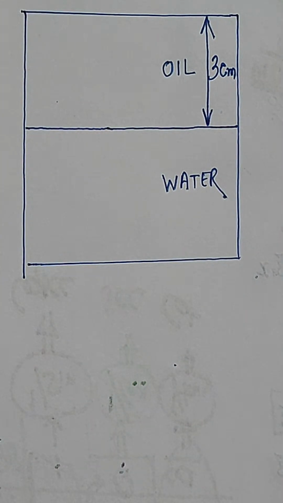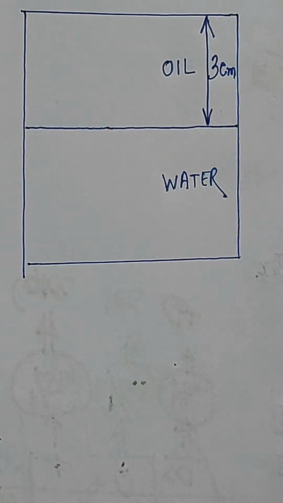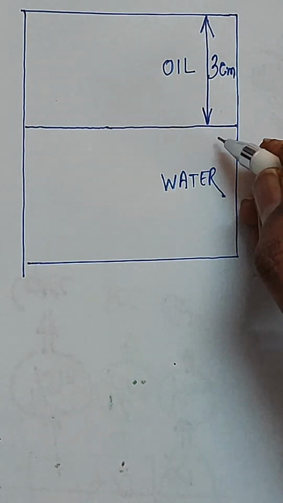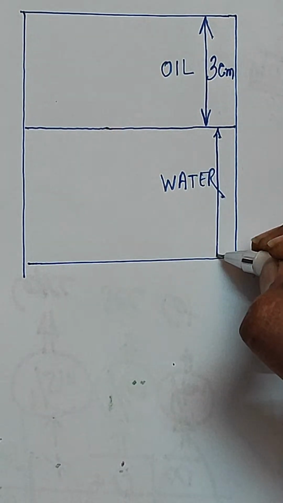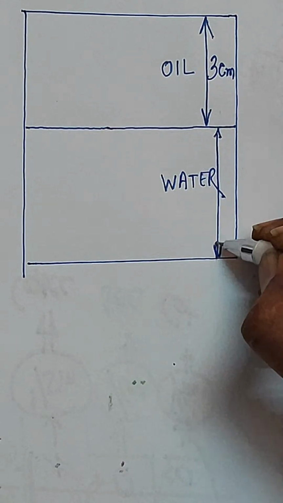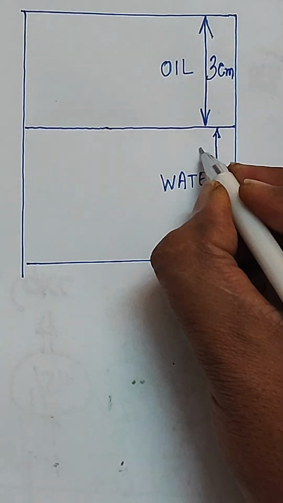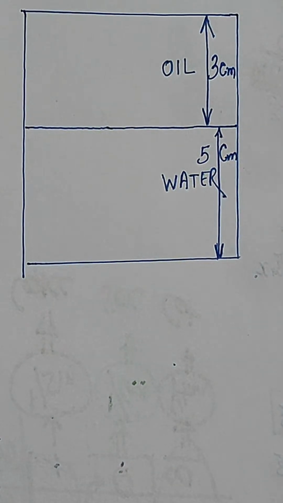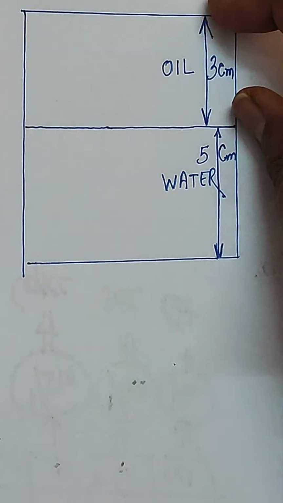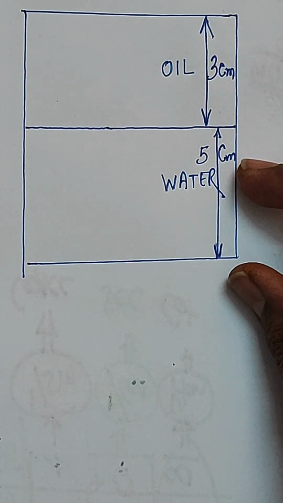And the layer of colored water above which this oil is floating is 5 centimeter. This is given to you as 5 centimeter. Now the thickness of the oil and water level is given to you.